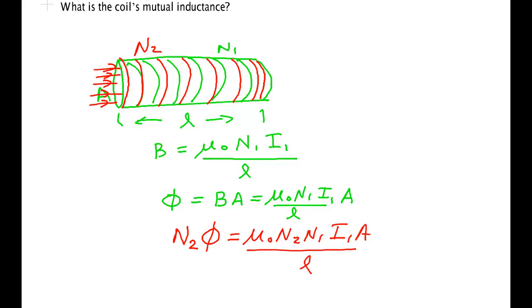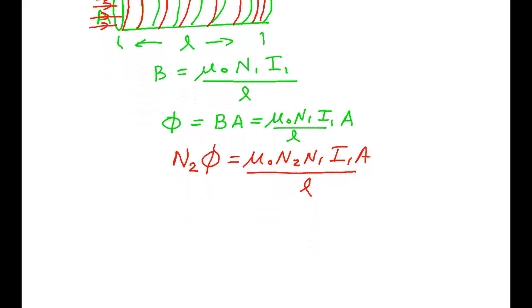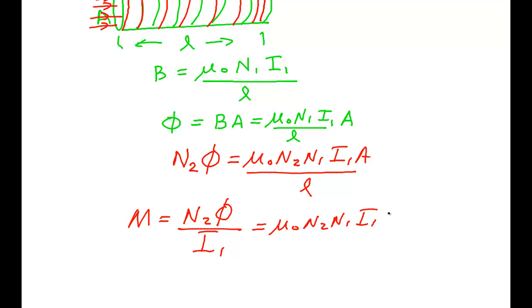We now divide the flux linkage by the current that caused this to find the mutual inductance. So it's N2 phi, and the current that caused the flux was I1. So we get mu naught N2 N1 I1 A over the length times I1.